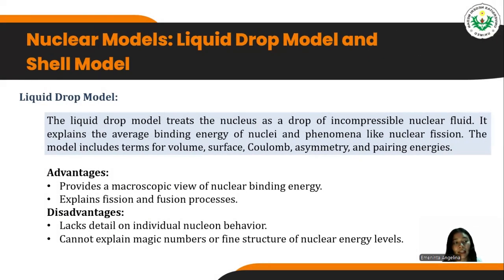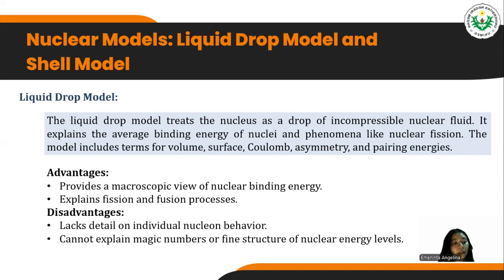And the last material is about nuclear models, the liquid drop model and the shell model. The liquid drop model treats the nucleus as a drop of incompressible nuclear fluid. It explains the average binding energy of nuclei and phenomena like nuclear fission. The model includes the terms of volume, surface, Coulomb, asymmetry, and pairing energy.